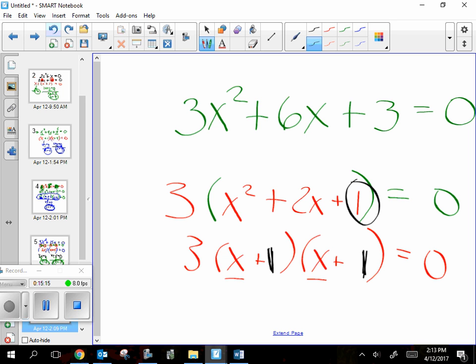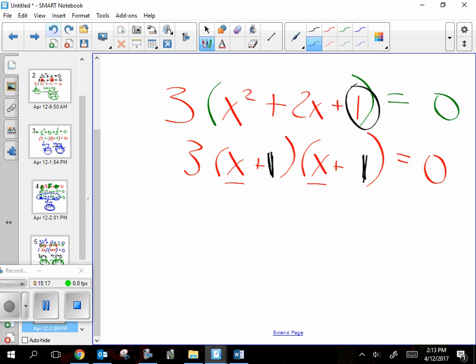Okay, there it is. And then, if I were to give this as my final answer, my teacher would cry a little bit and mark it wrong, because you have never actually answered the question of what is x. So you write this thing as x plus 1 equals 0.